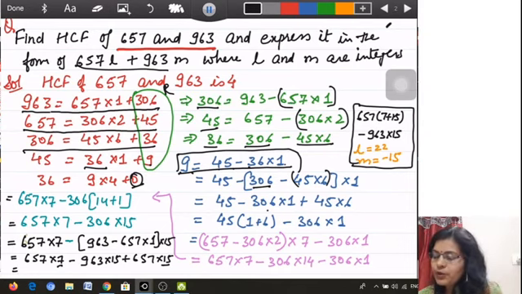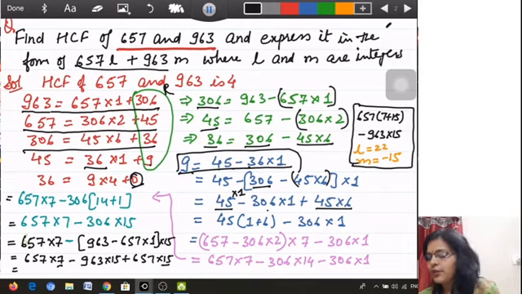Now this 45 can be written as 45 into 1. Again we apply the distributive law. 45 is written over here and then 1 plus 6. It has become 45 into 7 minus 306 into 1.